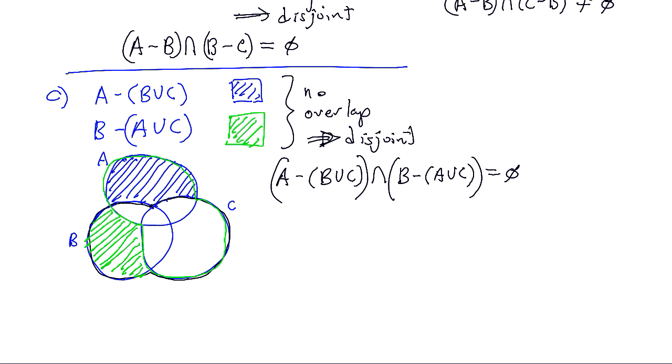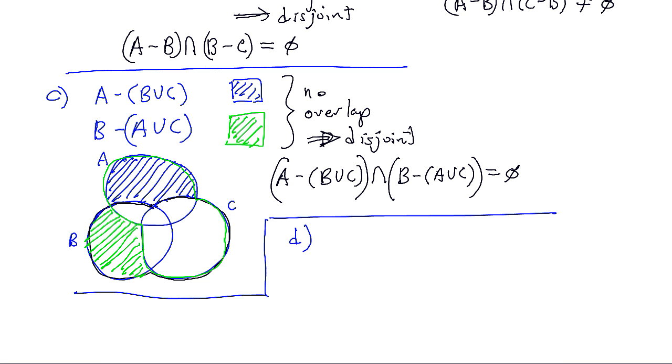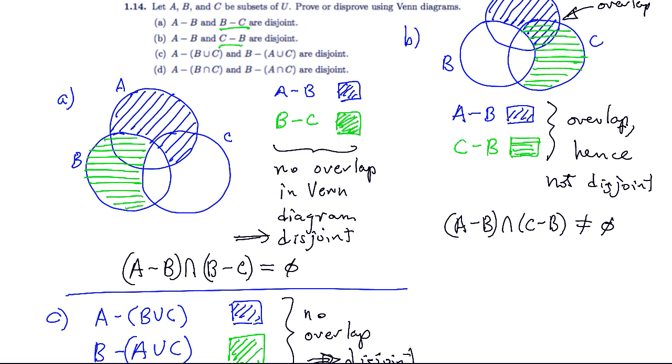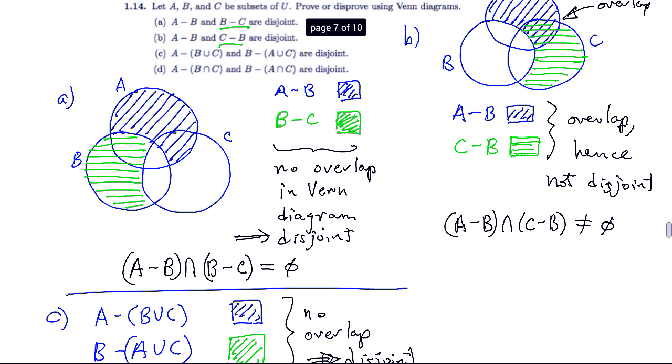Okay? Finally, part D. Got to go back up and look at it here. It's the same sequence of letters, but it's the intersection instead of the union. You see the pattern there?